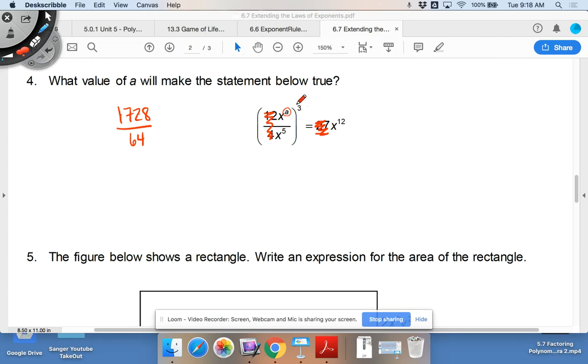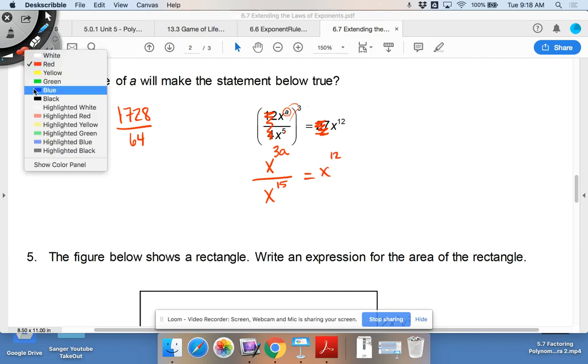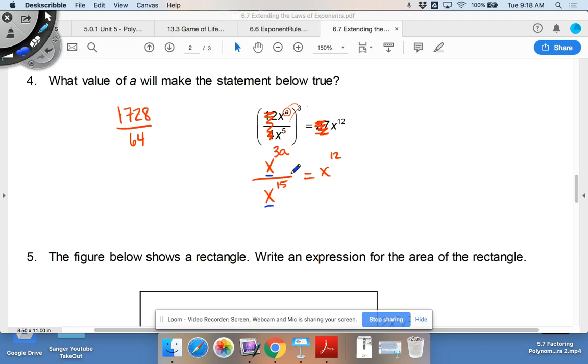So first we're going to distribute the power rule. On this left side, it would become x to the 3a over x to the 5 times 3, which is 15, equals x to the 12th. And when we divide and we have the same base, what do we do to our exponents? We subtract them, right?